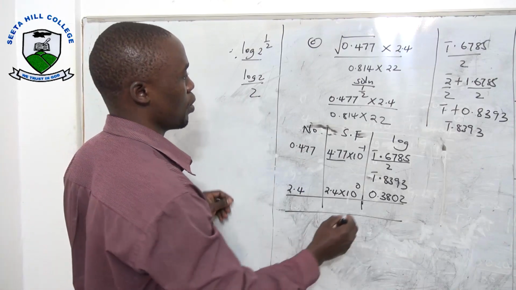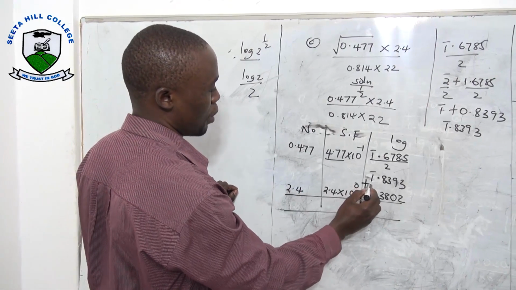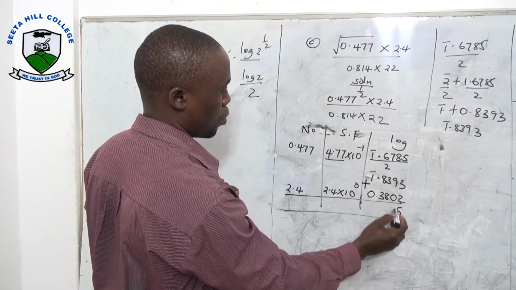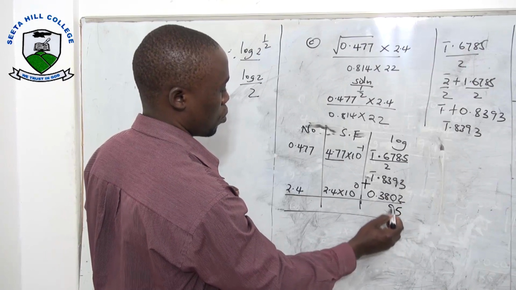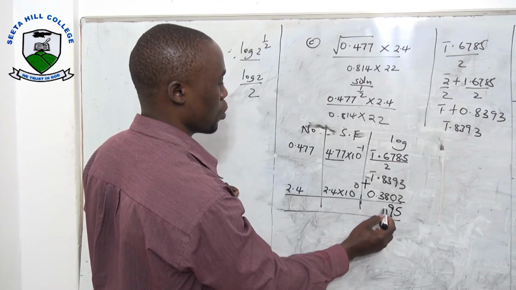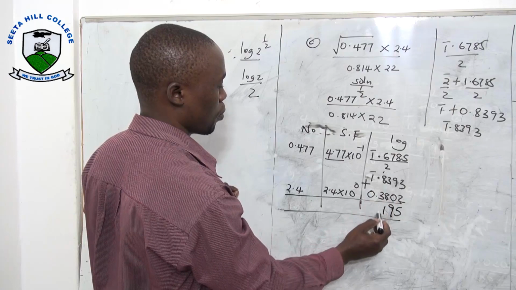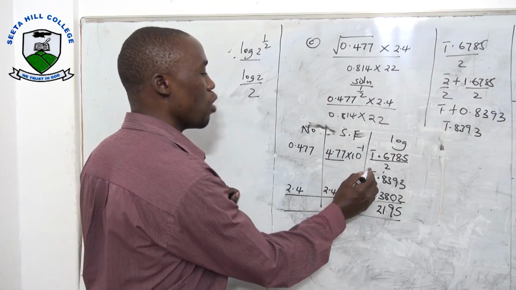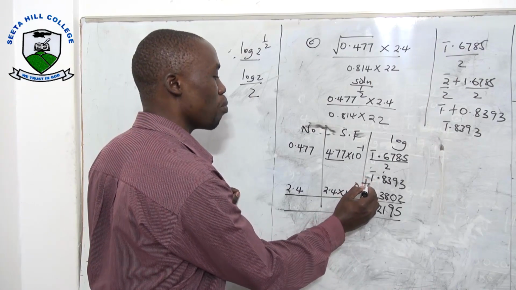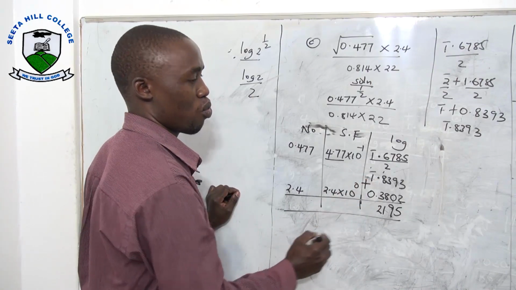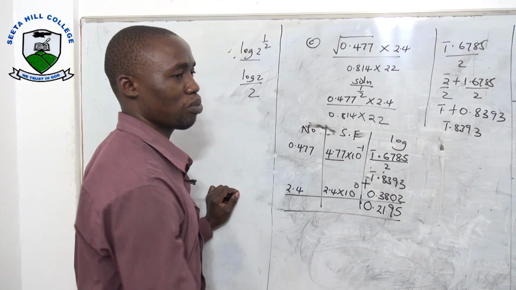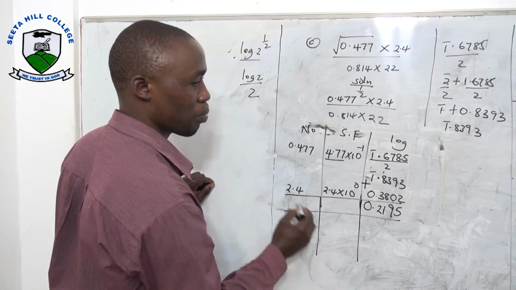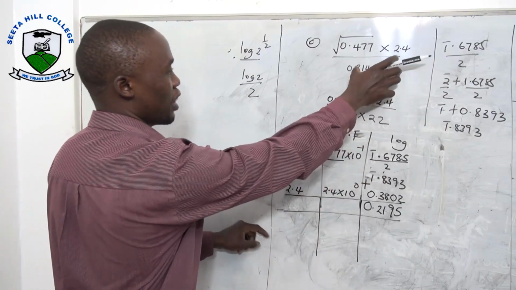So add for me. This 5, this 9, this 11, this 12. 1 plus negative 1 plus 0, 0. So keep that answer. Proceed now. Now we pick this.